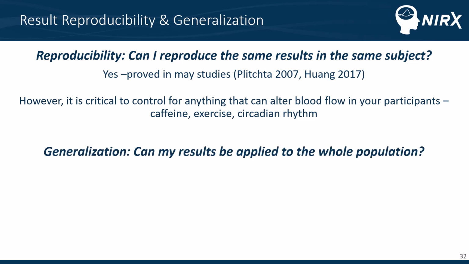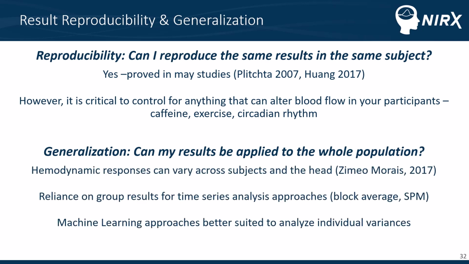Generalization: can my results be applied to the whole population? The important thing to keep in mind here is that hemodynamic responses can vary across subjects and across the head. So that time course that we saw earlier, you're not going to get that exact time course in each subject. Everyone's response is going to be somewhat different, not only between individuals, but within an individual, across their head.